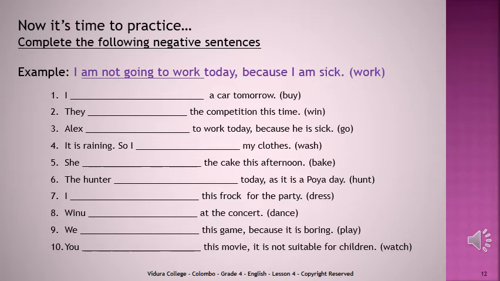Ninth one, we blank this game because it is boring. Tenth one, you blank this movie. It is not suitable for children. So you have to complete the following negative sentences using the verbs.